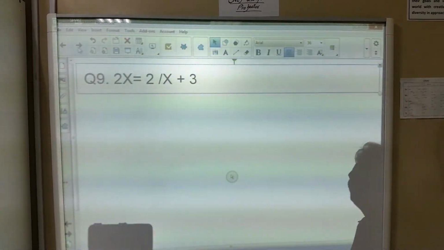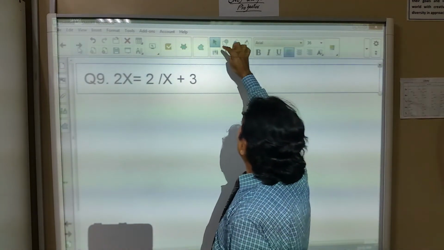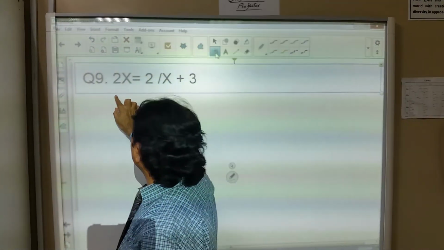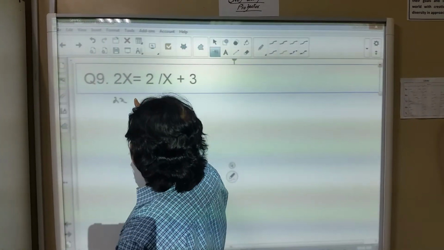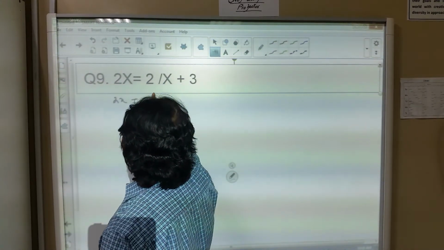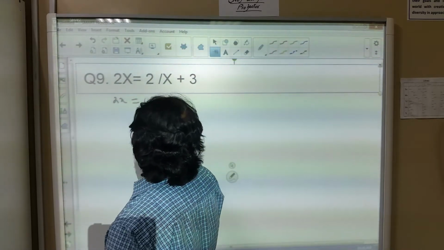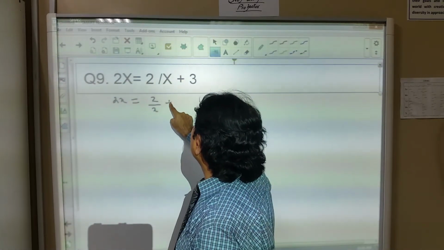Question number 9. This is again in fraction form, so you will write it in this way: 2x is equal to 2 over x plus 3.